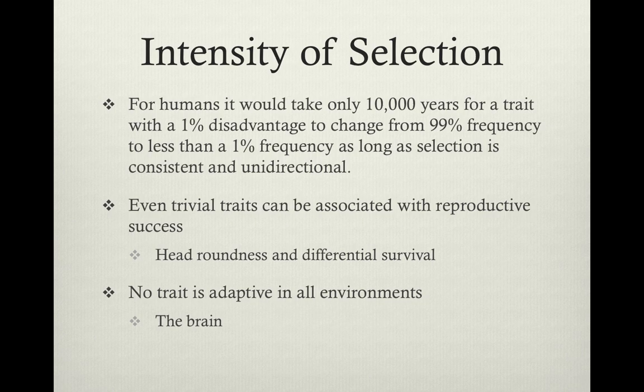So if things were to very rapidly shift to the point that we could no longer support the metabolic cost of our incredibly large brain, then we would find that having a large brain would be maladaptive. So you've got to have the environment favor these traits in order for those traits to be kept around.